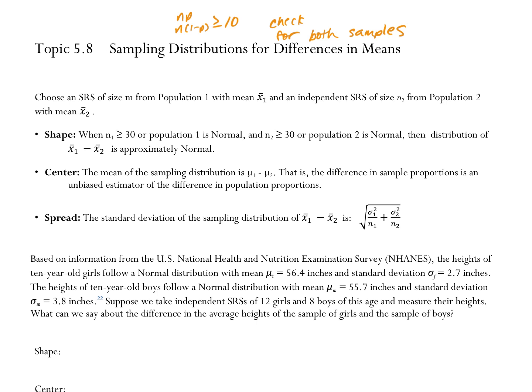We either know that our population is normal, or we know that our sample size is large enough, rule of thumb, greater than or equal to 30. Okay? And the center of that sampling distribution is going to be mu1 minus mu2. It's going to be subtracting the means of the populations.